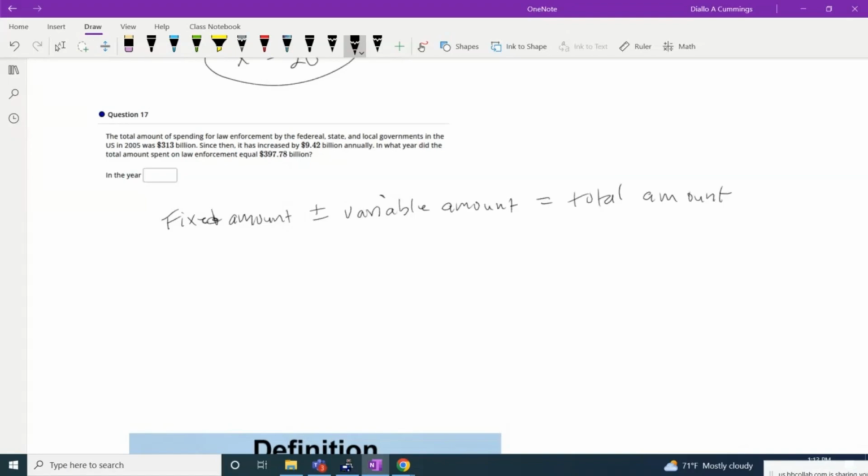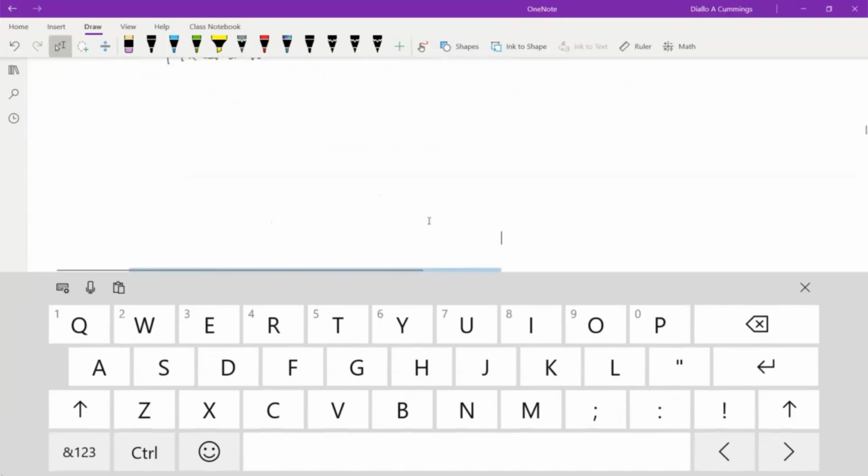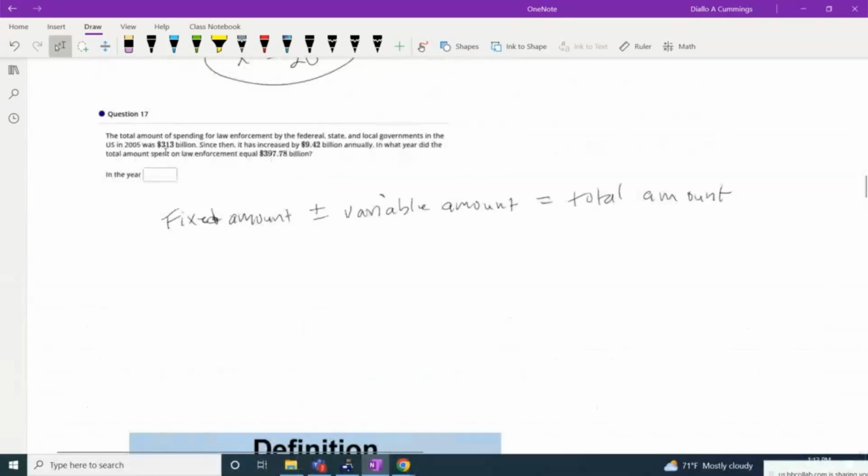So from our problem, the fixed amount is going to be 313 billion, and that was in 2005, right? The government spent a total of 313 billion. So that's our fixed amount. And since then, it has increased.